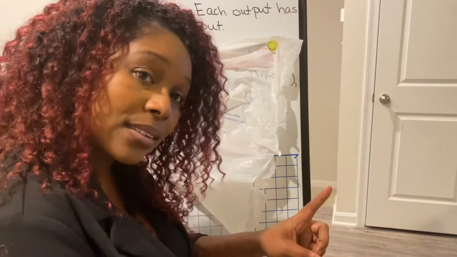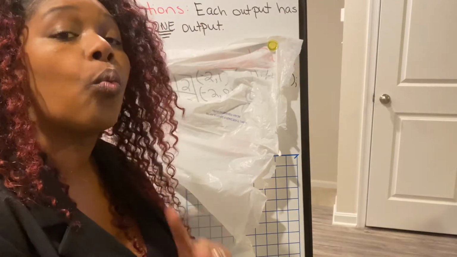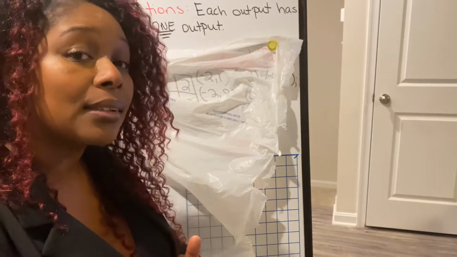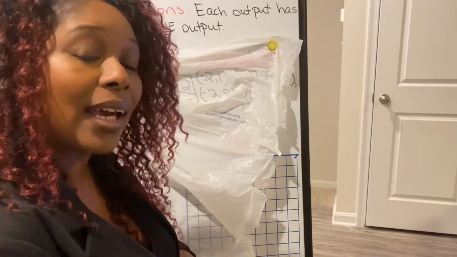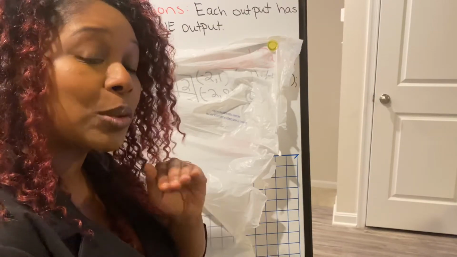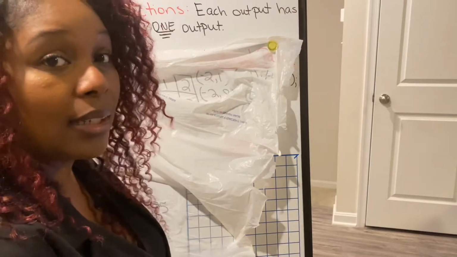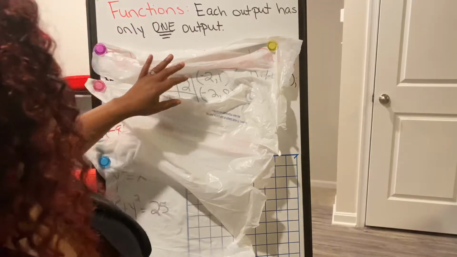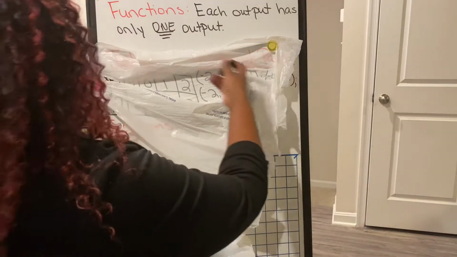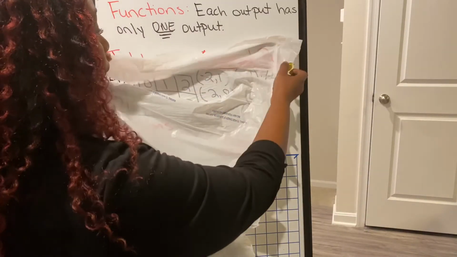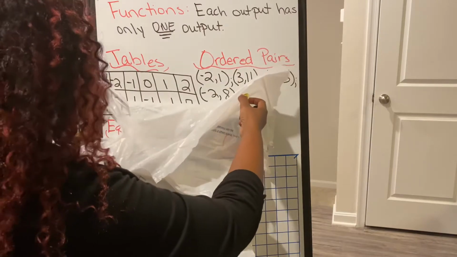Every X can only have one Y, but a Y can be responsible for multiple. So we'll get into that in a second, okay? So let's look at what it looks like as a table and ordered pairs.